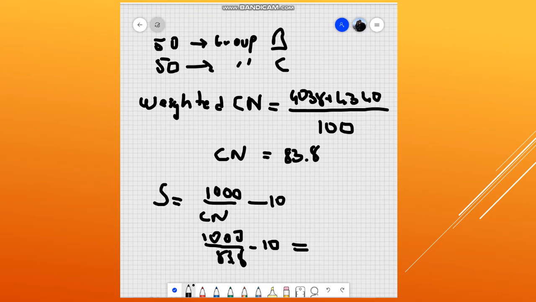So we can calculate the potential maximum retention as 1.93 inch. So this is the maximum retention number.